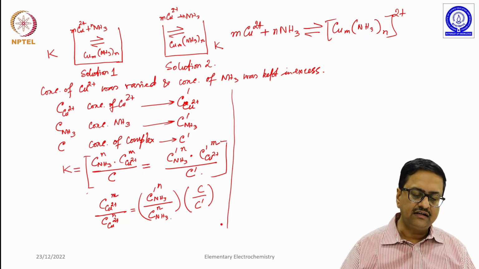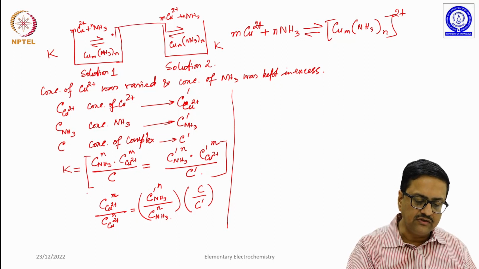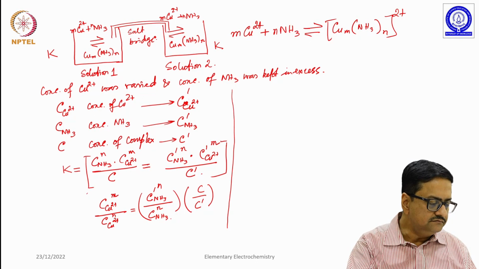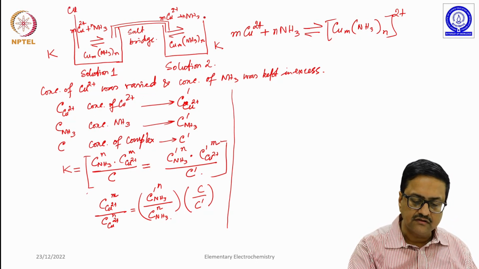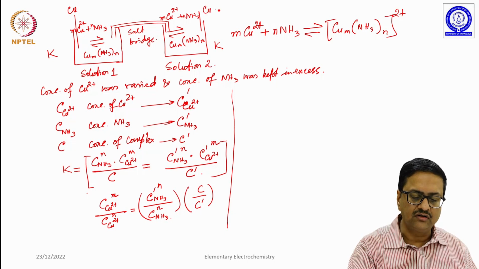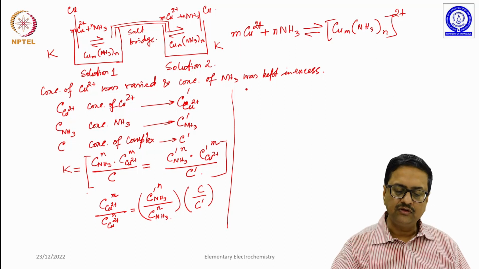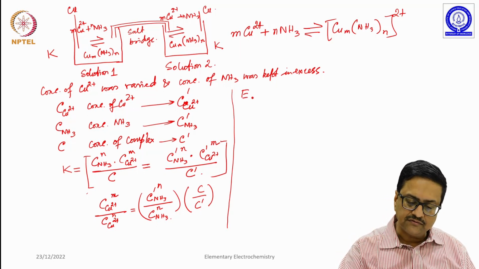So, now what he had done is he had then connected these two solutions using a salt bridge, and used copper as electrode on either side, and then connected this to a potentiometer to determine the value of E cell.